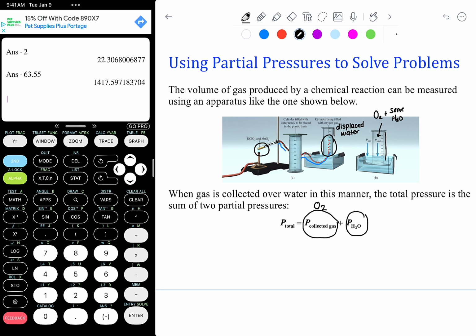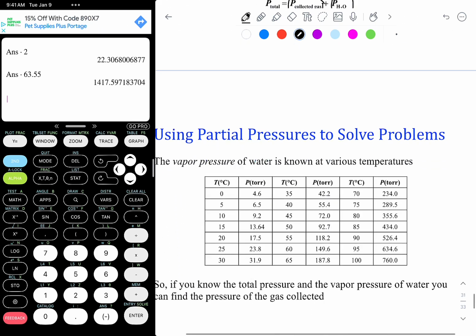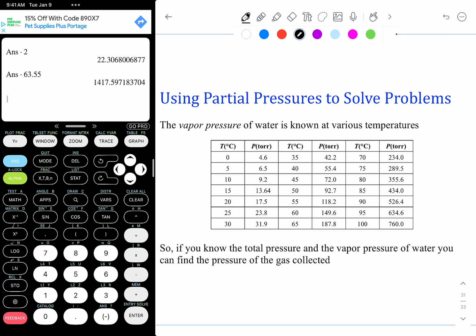Now the idea here is that if we know the volume of the gas and we know the pressure of the gas, we can find the moles of the gas, which could then tell us the moles of reactant that we used in the reaction. So we have to be able to know the exact pressure of the gas that is not mixed with water. So to do that, we have to know the water vapor pressure.